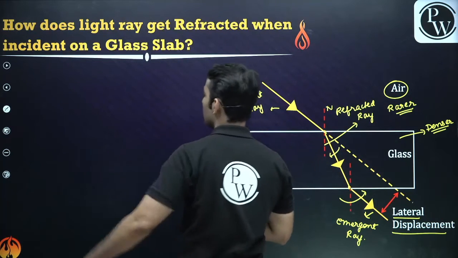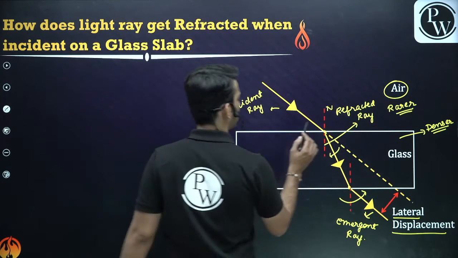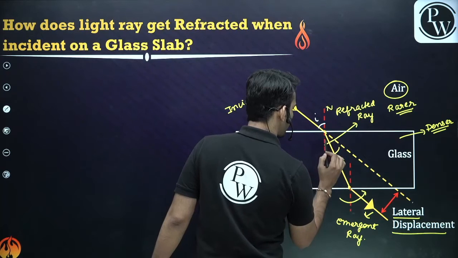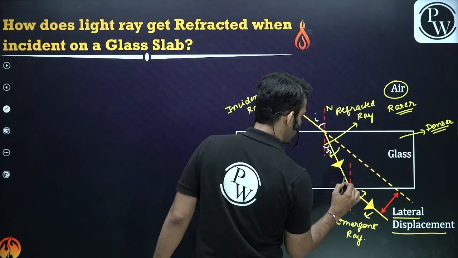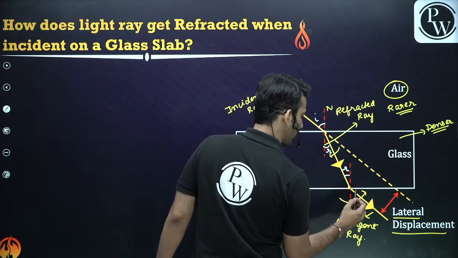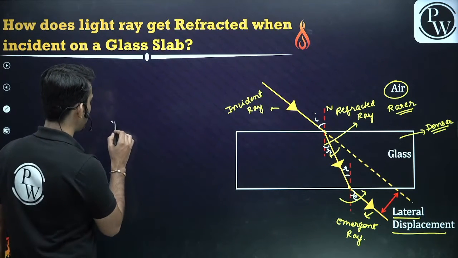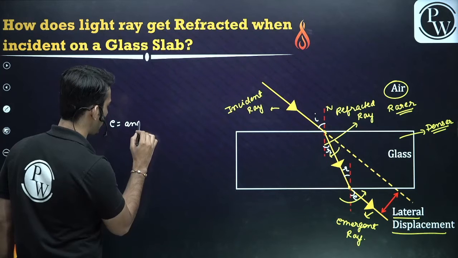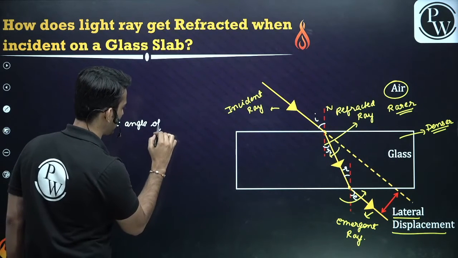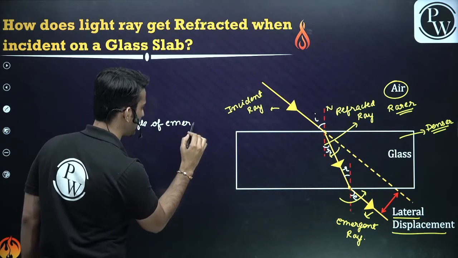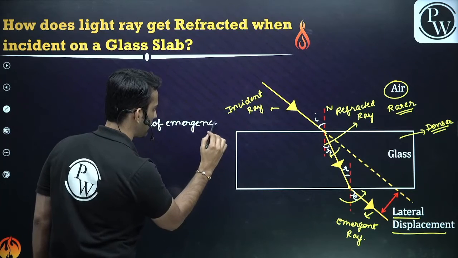And one more thing, what about the angles, guys? This is angle of incidence, this is angle of refraction, right? And this E is known as angle of emergence. Angle of emergence, the angle formed by the emergent ray with the normal.